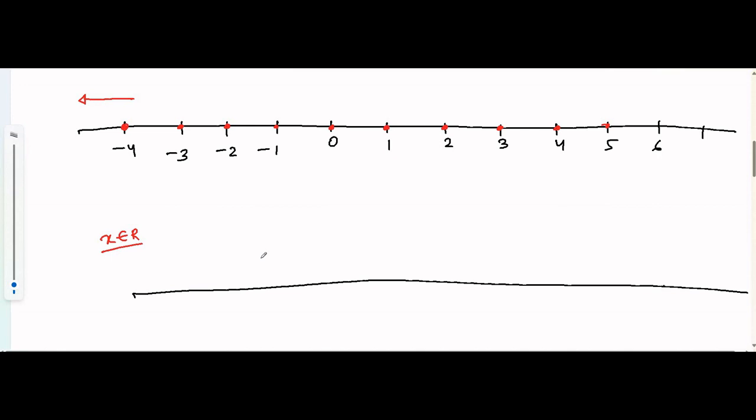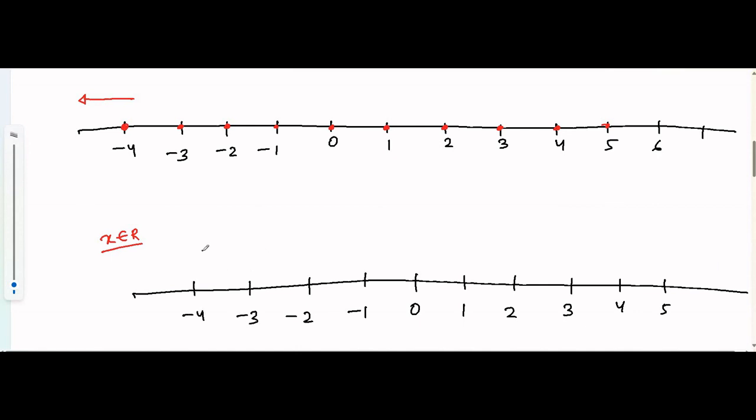Here it is 5, 4, 3, 2, 1, 0, -1, -2, -3, -4, like this.